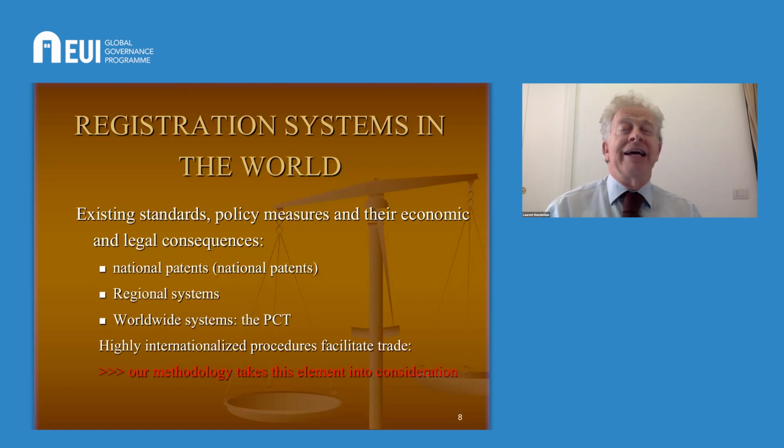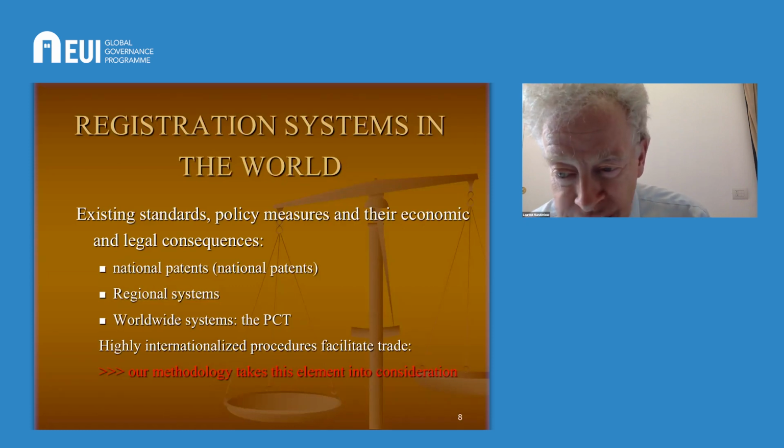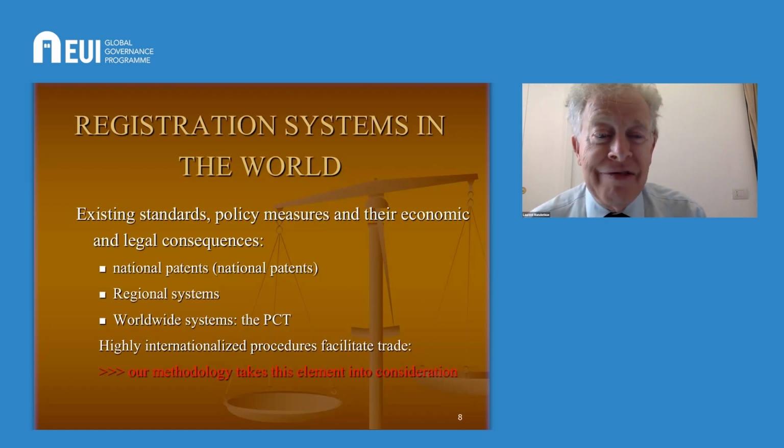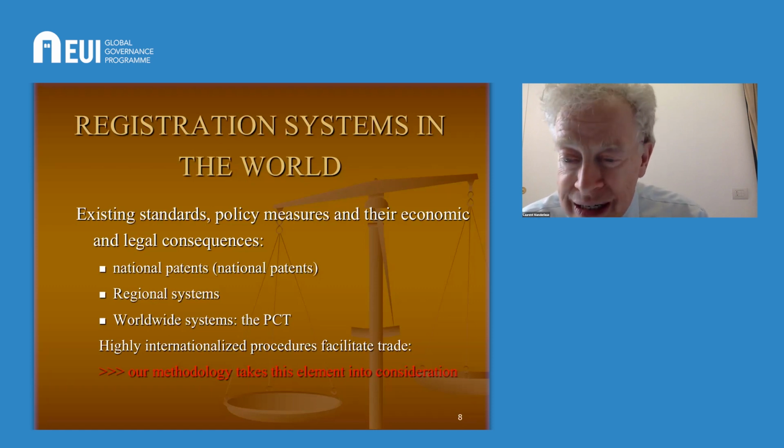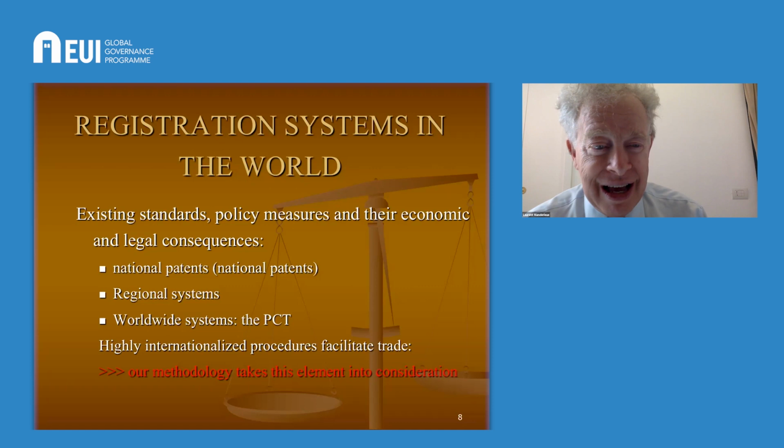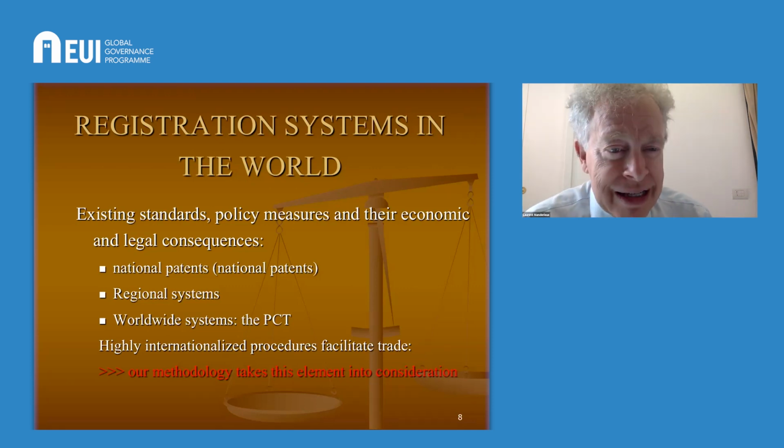And there is the substantive examination, if there is one, or not, the formal examination, and the patent is granted. So whereas the application is international, the granting remains national. Yet it facilitates trade tremendously. And this is why Martina and I wanted it in the methodology together with our younger colleague, Ruben. Okay, so fundamentally, this is the idea.